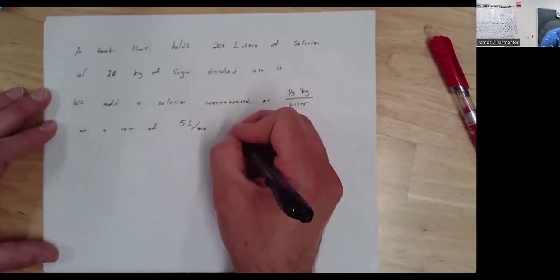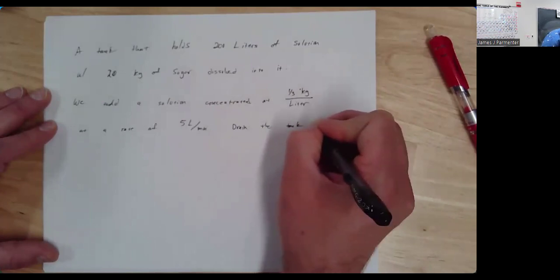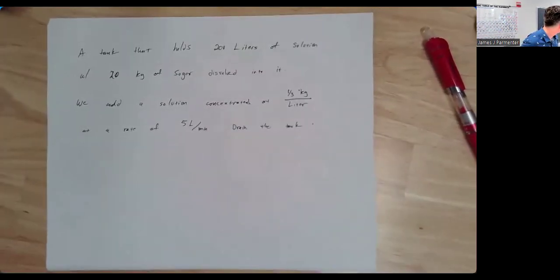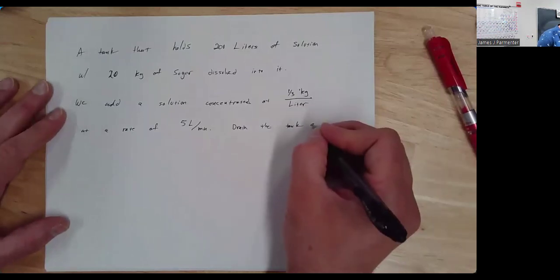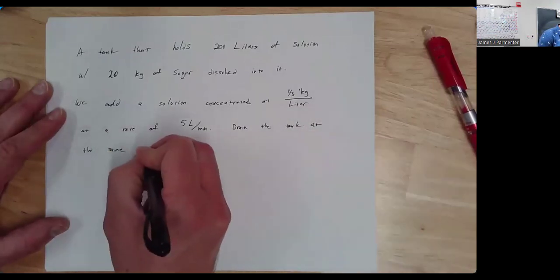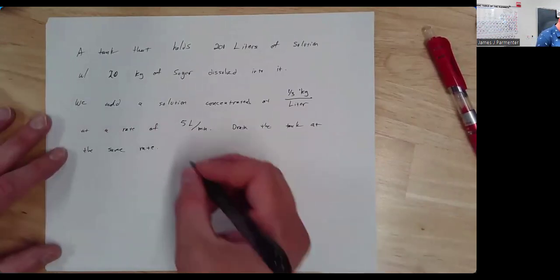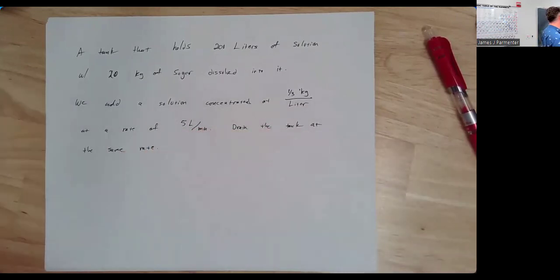And then we're going to drain the tank at the same rate. Then we'll ask a question, because if this is all anyone wrote, they're not asking me to do anything.